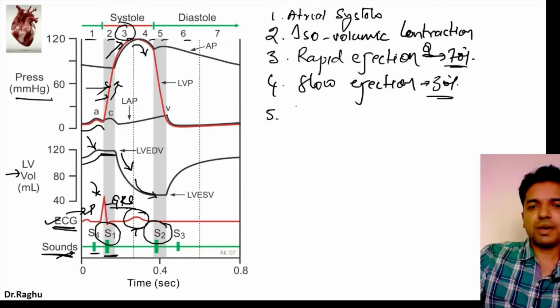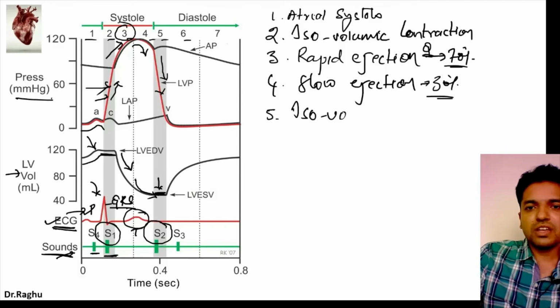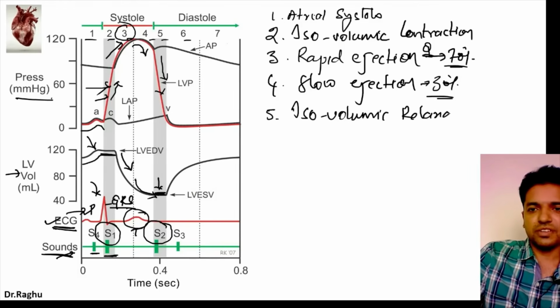So what is going to happen? The pressure inside the ventricles is going to fall, as you can see here. But what has happened to the volume? As you can see, there is no change in the volume. So the fifth stage depicted in this diagram corresponds with the isovolumic relaxation phase.